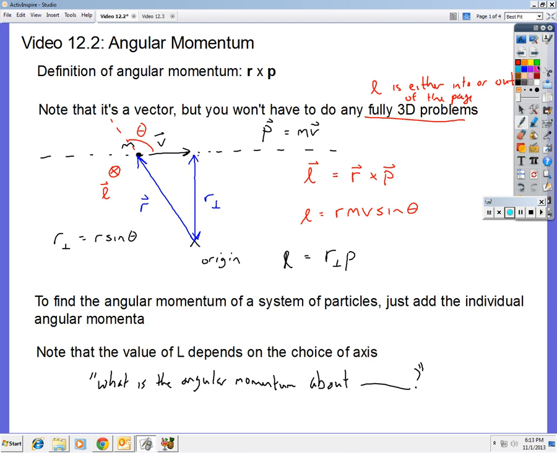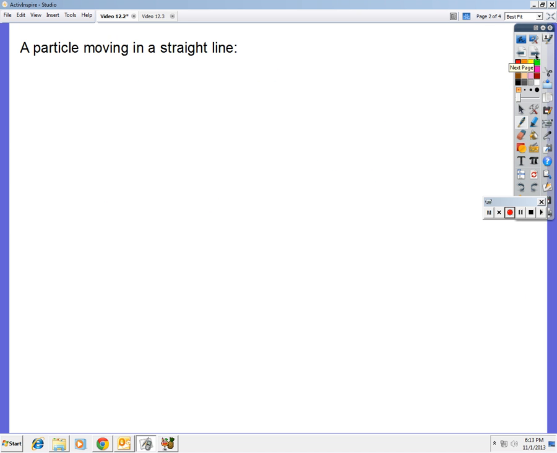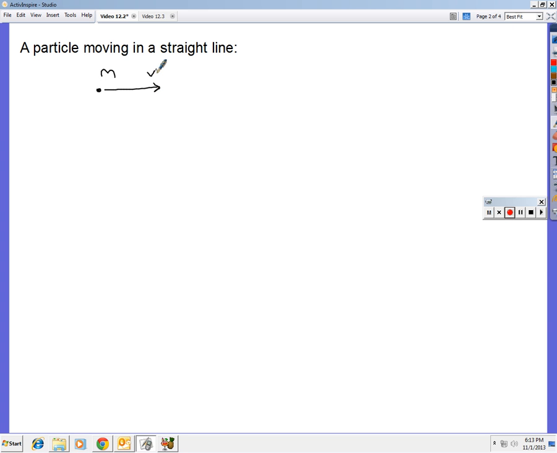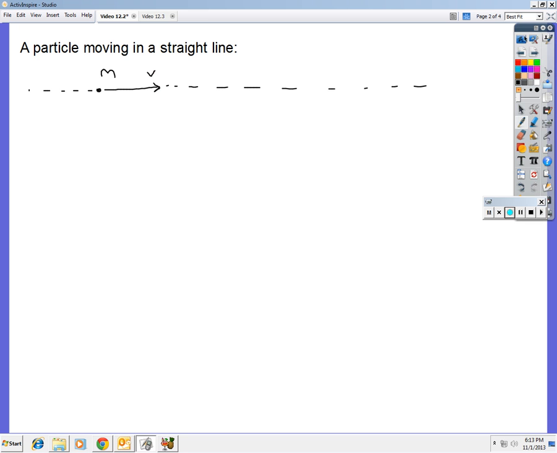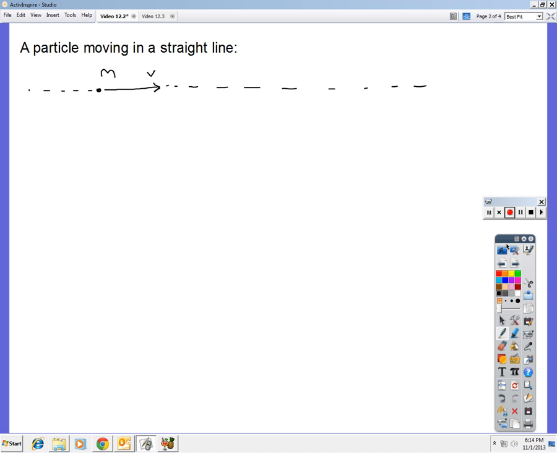Now, looking at this again, if we have a particle of mass m moving with speed v in a straight line, there's its path. If we want to find the angular momentum about that point, so that's r, I'll do it about origin 1.